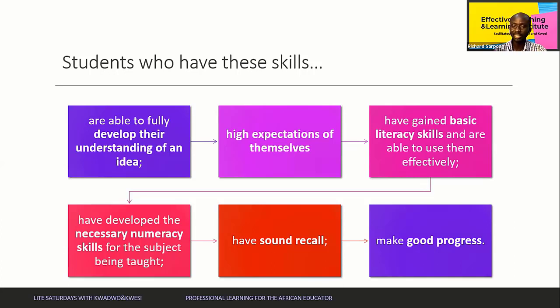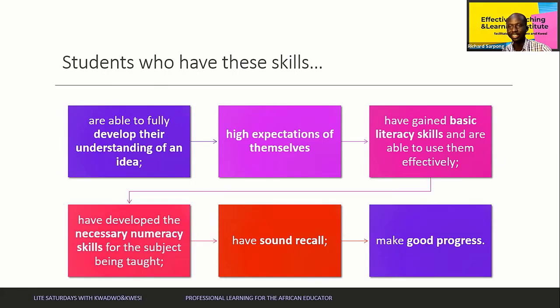And they also have sound recall, right? Because there are levels of thinking and everything starts with knowing. If we look at Bloom's taxonomy, which we're going to reference in this conversation, a student needs to have the facts, comprehend the facts, and determine the significance of the facts.